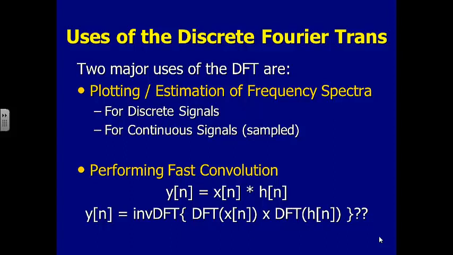But because I can do these DFTs with a very clever, very efficient algorithm called the FFT, it's actually computationally much more efficient for a computer to do it this way than this way. It saves a lot of computations, and so it makes digital signal processing fast and efficient. So if I want to do convolution, I'll do it in the frequency domain with inverse and forward DFT transforms.